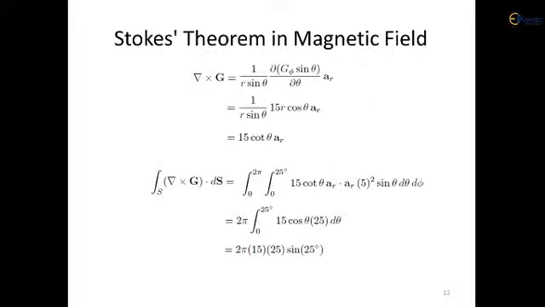If you find the sine 25 degrees, multiply it with 25, further multiply it by 15, and further multiply by 2 and pi as a constant 3.14 you can substitute, the value we obtain is 995.8. Now you see, this is the same answer that we found in part A.